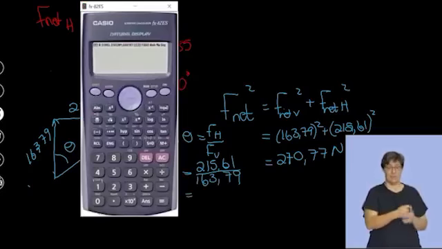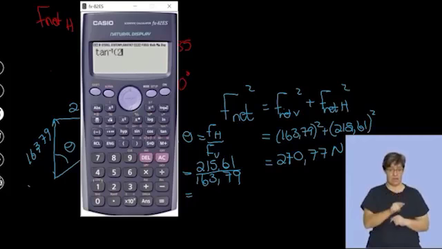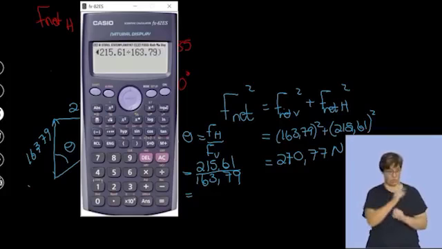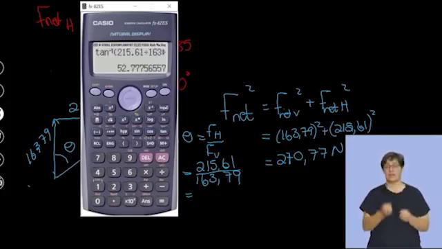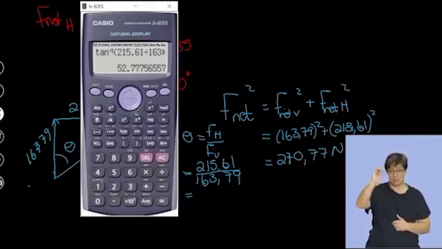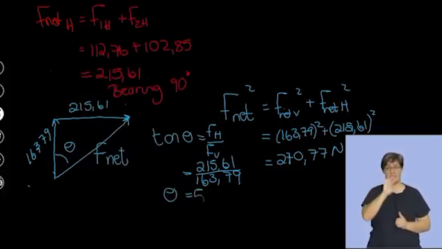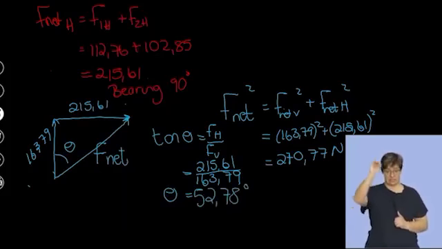All right, so back to our calculator. We're going to use second function tan because we need tan to the minus 1. We're going to put in the right numbers, 215.61 divided by 163.79. Close your brackets, don't forget to do that. Gives us 52.78 degrees. Okay, so we have 52.78 degrees.